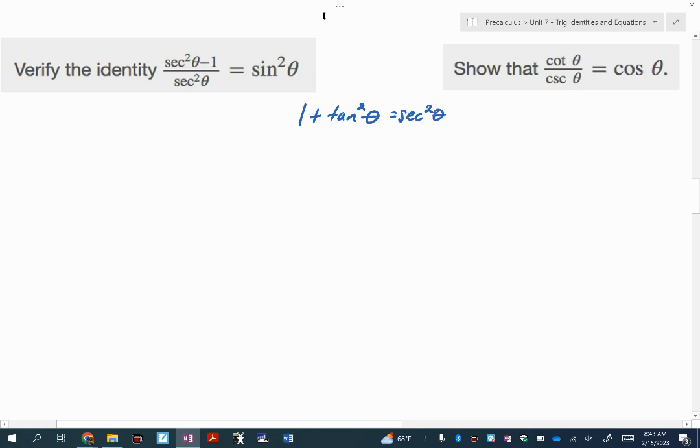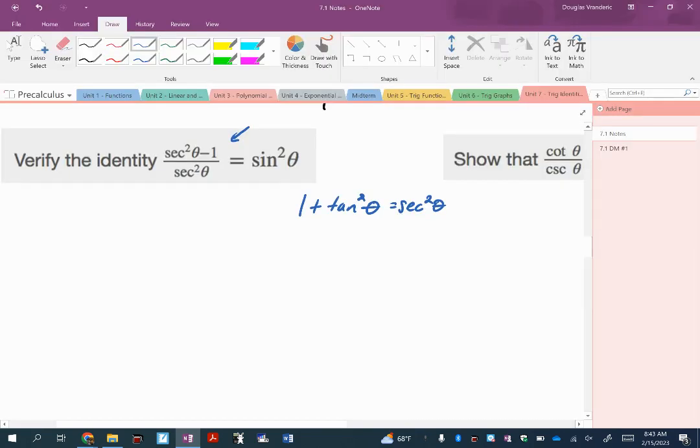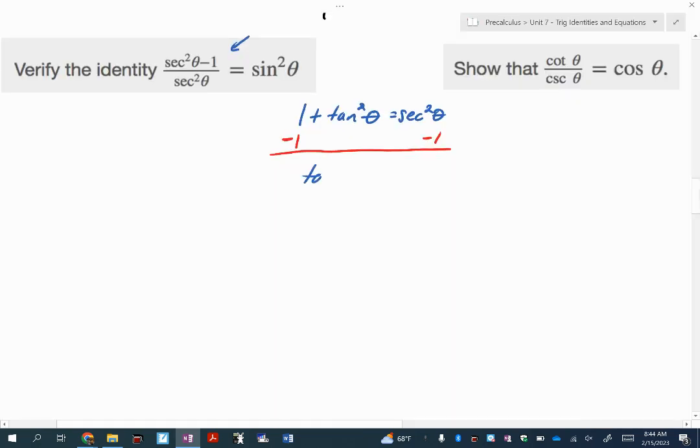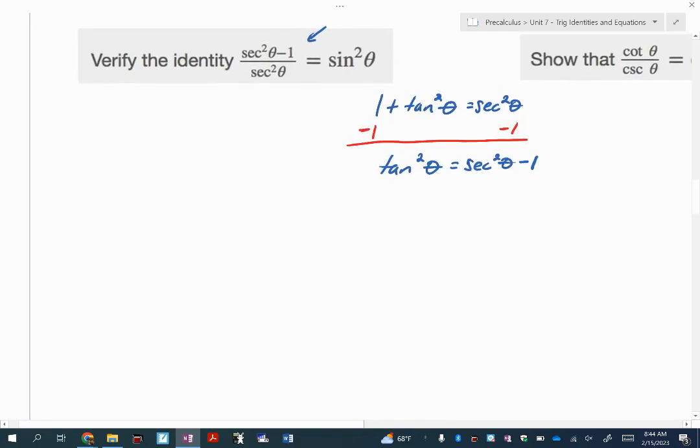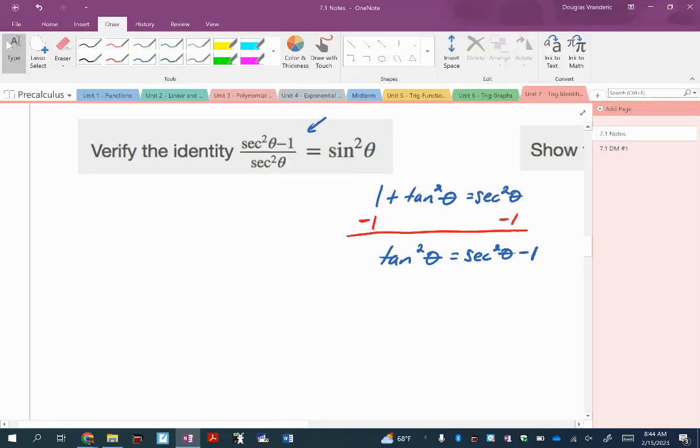All right, now that I don't have that, but if you look in the numerator, you can see that I'm one algebraic move away from actually having that. So if I subtract 1 from both sides, then I have tangent squared theta equals secant squared theta minus 1, which is what I have in my numerator. So I am going to replace, right, I'll highlight here, I'm going to replace secant squared theta with tangent squared theta.